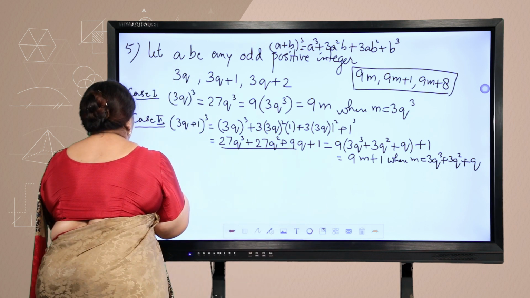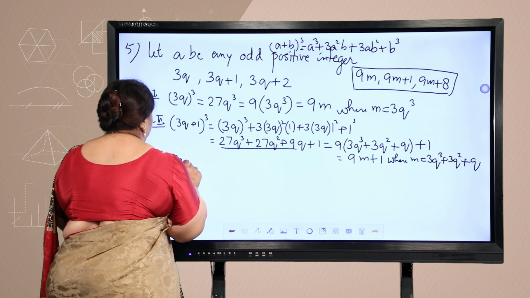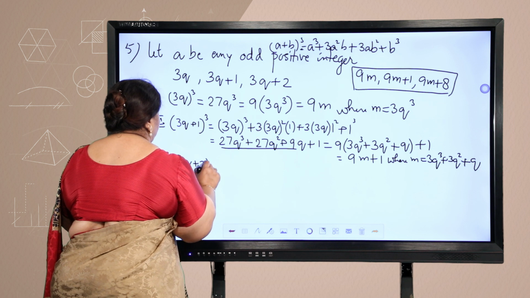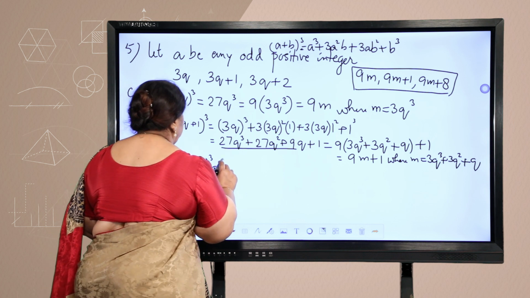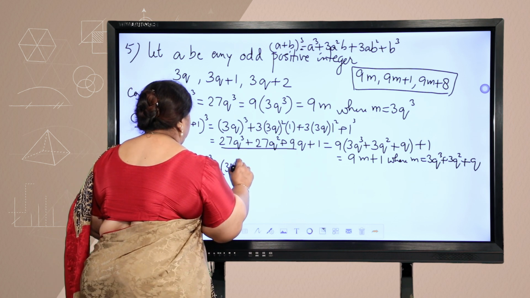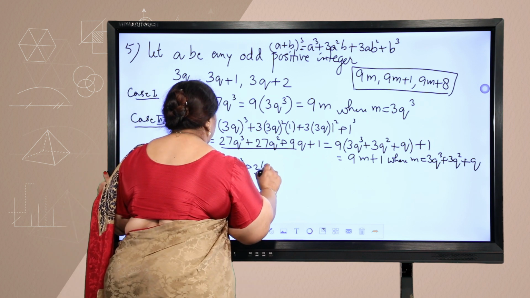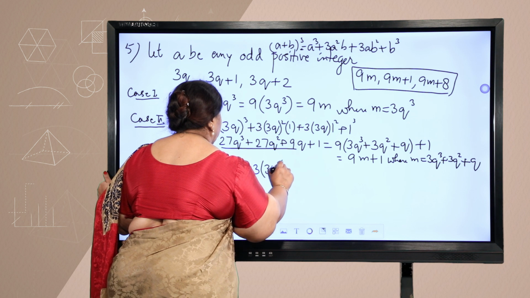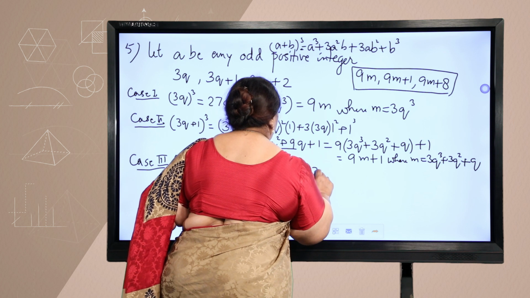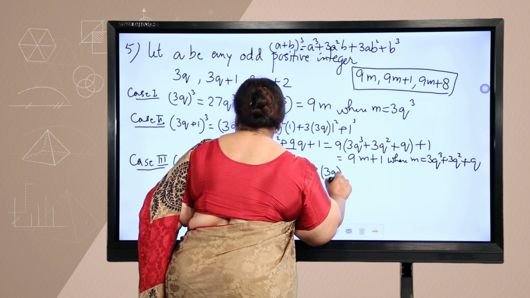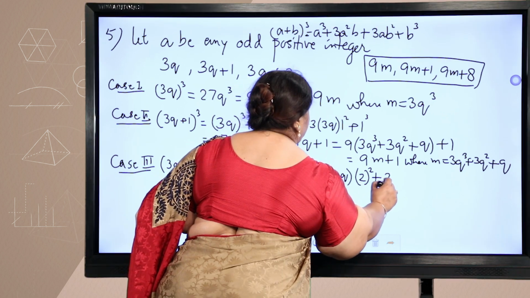Now, let us look into the third case. We have 3q plus 2 whole cube. Again using the same identity, we have a cube, that is 3q cube plus 3 into 3q whole square into 2 plus 3 into 3q into 2 square plus 2 cube.